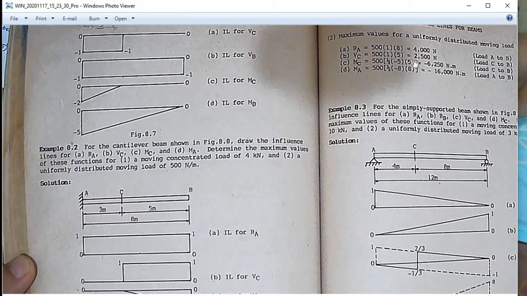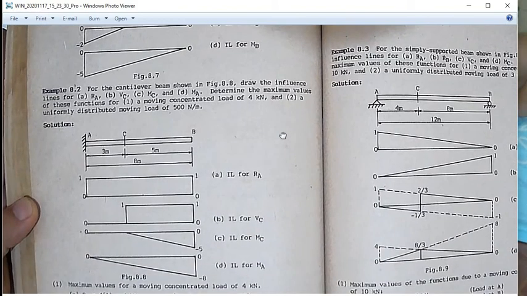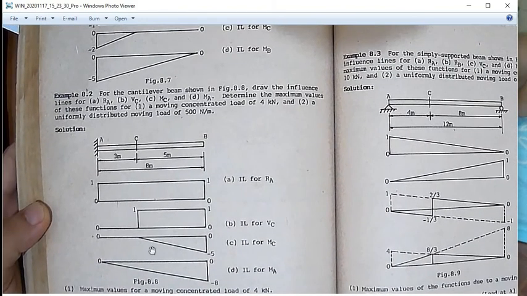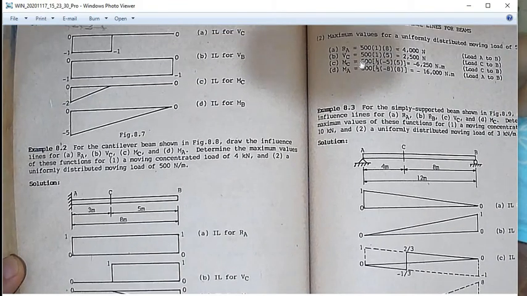So, it will give you 2,500. Sa moment at C naman, that would be, take note, nag-cut tayo again ng section dito sa C. So, ang length mo would be 5 meters. 500 times 5.